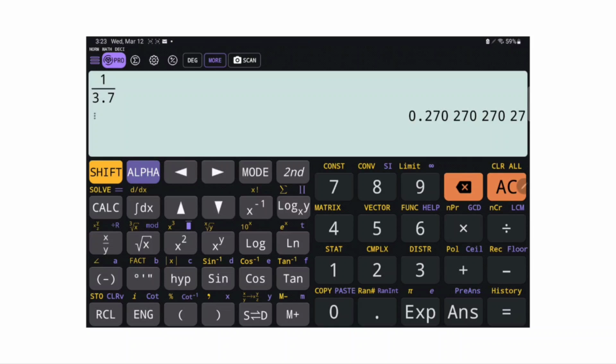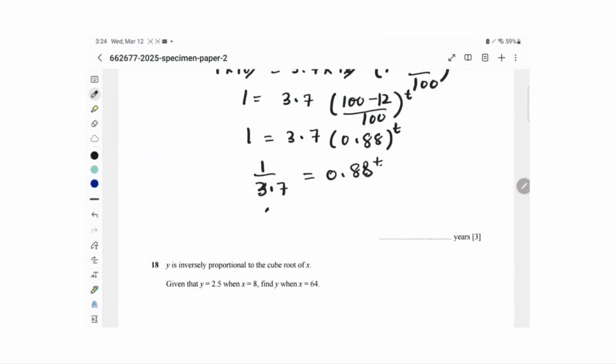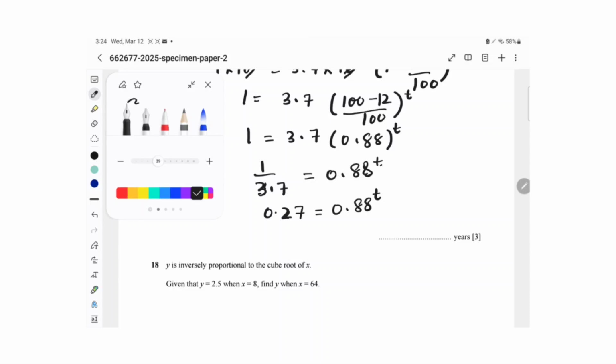So we are going to take 0.27 = 0.88^t. It's up to you whether you just take numbers like 0.88 power 1, 0.88 power 2, or you can take log. It's very easy, it's not difficult. You can take log and you can find your answer.